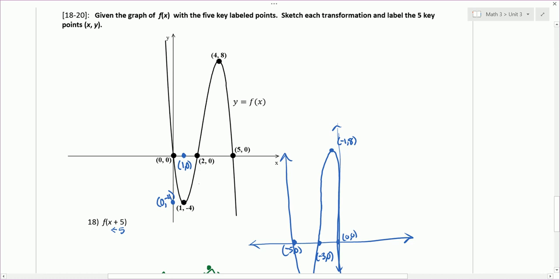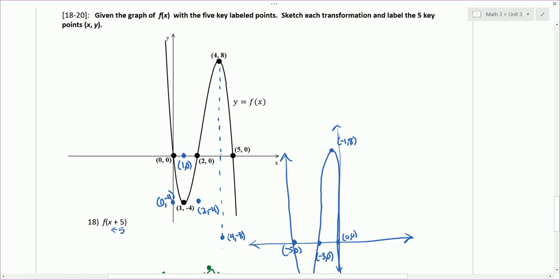The point 2, 0, if you reflect it first about the x-axis, it's still on the x-axis, and then you transfer it down 4 units. So we're at 2, negative 4. The point 4, 8, when you take that and reflect it around the x-axis, initially it's going to be pretty low at 4, negative 8.